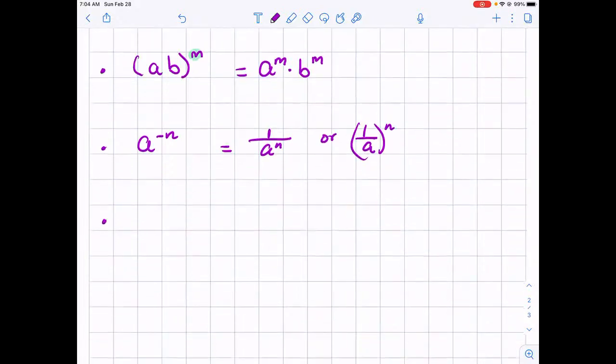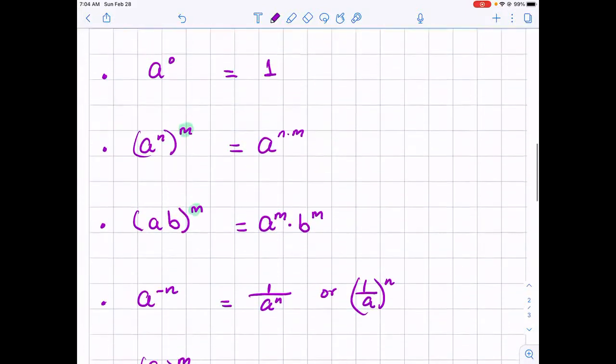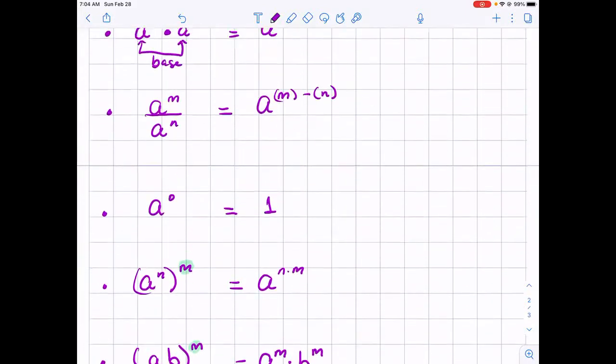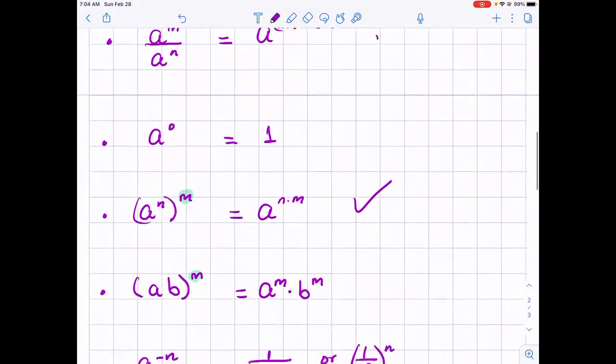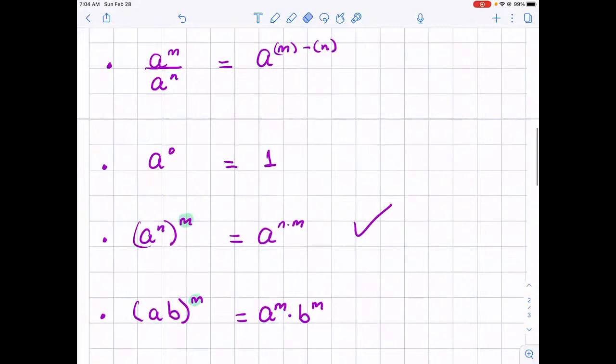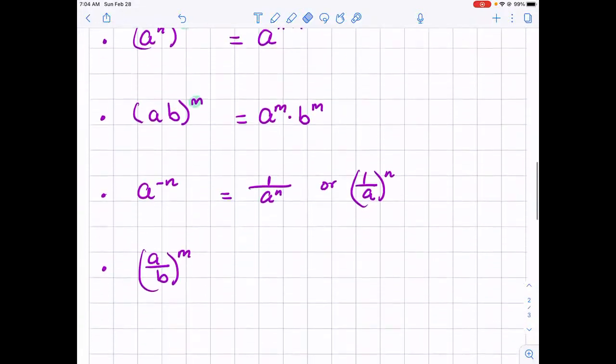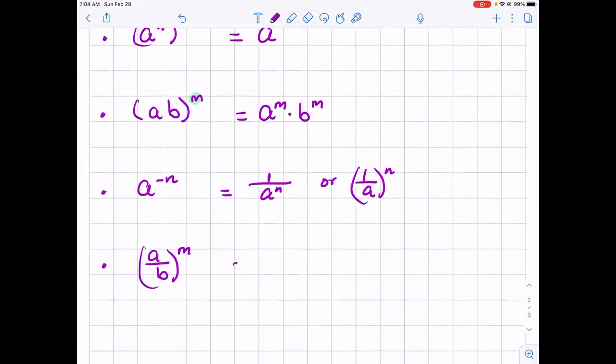But if we have a over b raised to the mth power, which is very similar to this one here, we distribute the power, so this becomes a to the mth power divided by b to the mth power.